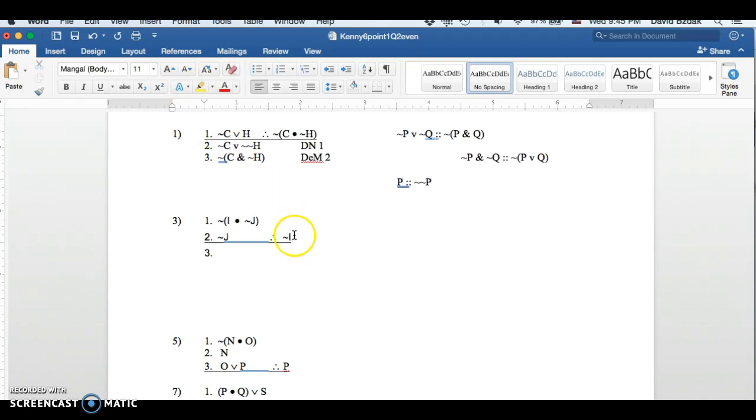All right, so here we need to get not I. And again, there's not really anything we can do just looking at our premises. Well, we could do a De Morgan's on 1. If we do that, we would get not I or not J. And we could get rid of those two negations by doing double negation of 3.